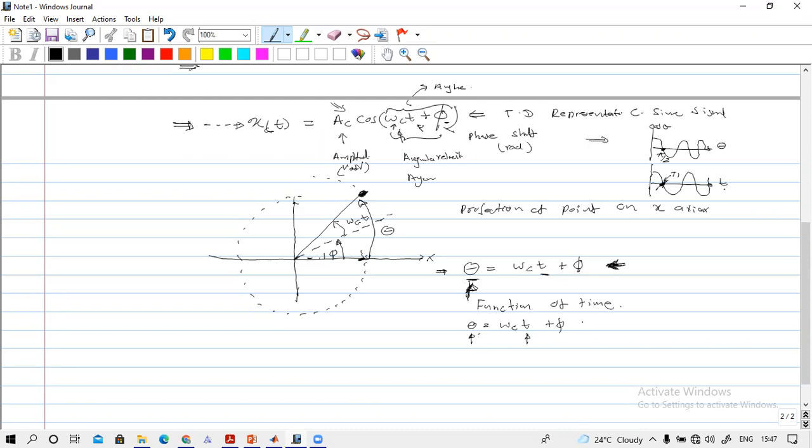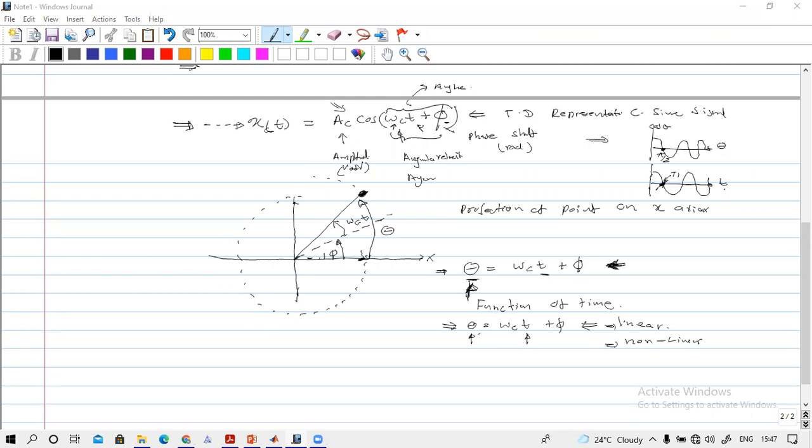Can you tell me whether this is a linear function or a non-linear function? Yes, very good.